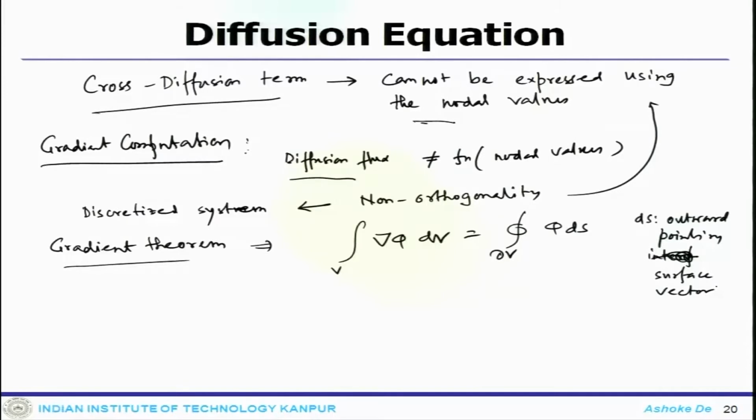So, one can get the average gradient, del phi dV.